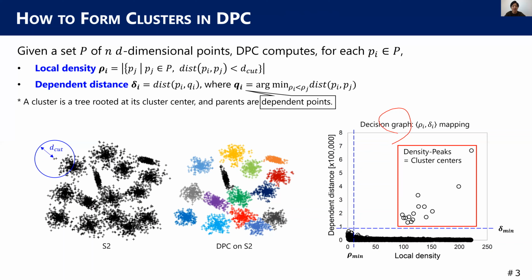So this point is a density peak. Density peaks are regarded as cluster centers. They can be decided by setting delta min. Besides, we can remove noises that have small local densities by setting rho min. Then a cluster in DPC is a tree structure rooted at its cluster center, and the parent of each point is its dependent point.